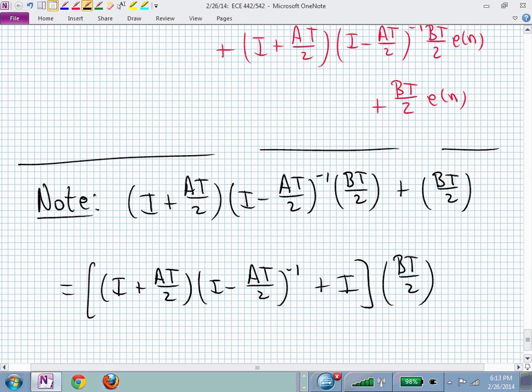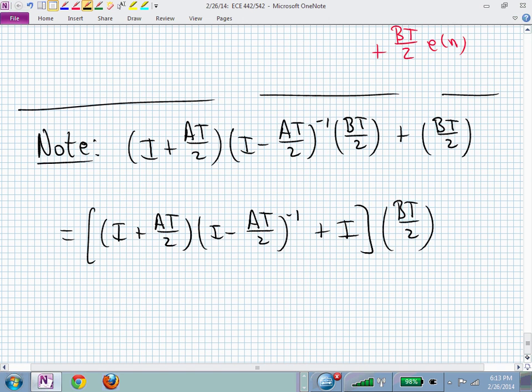But now what we want to do, this is the way I like to see it. We can write I in all sorts of ways. But the way that I want to write it right now is a product of I minus AT over 2 and its inverse.